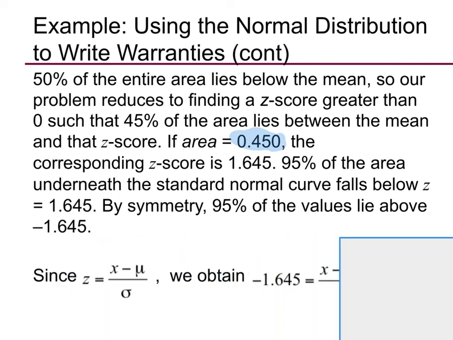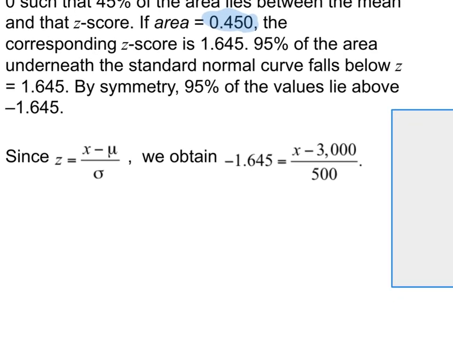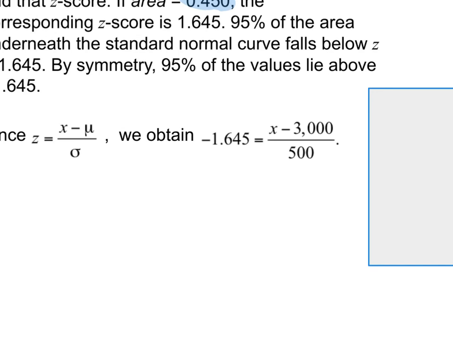Then we're going to set up our z-score formula to be negative 1.645 equals x minus 3,000 over 500. And I can do a little bit of algebra and solve for x. So we're kind of going backwards through this problem. We're going to multiply by 500 instead of dividing like we do when we find the z-score.